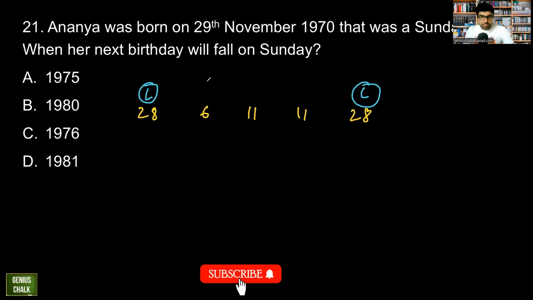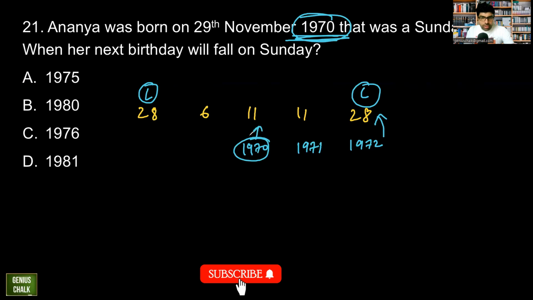And all the years, let's try to fit it here. 1970. 1970 is not a leap year. And what is the leap year which is near to 1970? So we can say it is 1972. Okay. So the 1972 year will repeat itself after 28 years. So 1971 is here and 1970 is here.